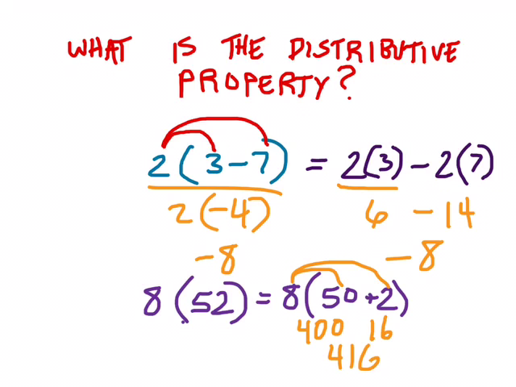So without a calculator or any sort of computation on paper necessarily, I could have done that in my head. 8 times 52 is 416, because 8 times 50 plus 8 times 2 is 416. And that's a mental math way of using the distributive property, and you may have seen that before.